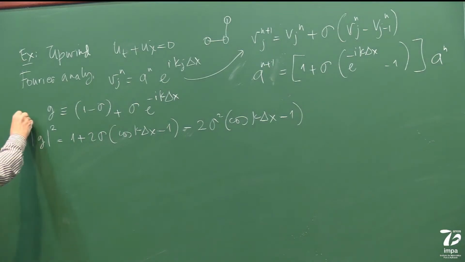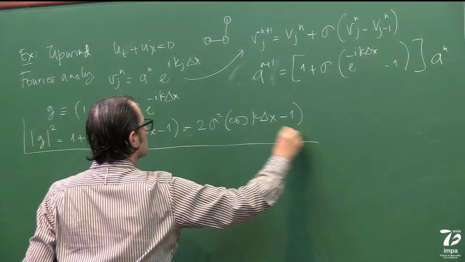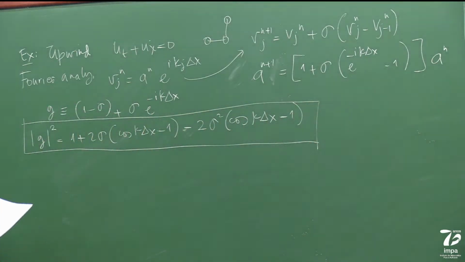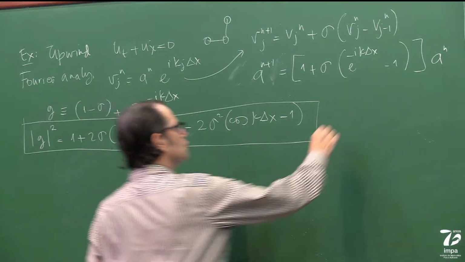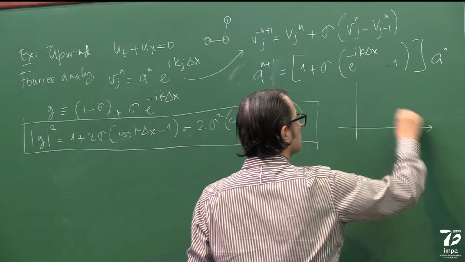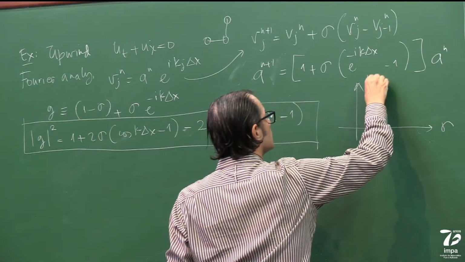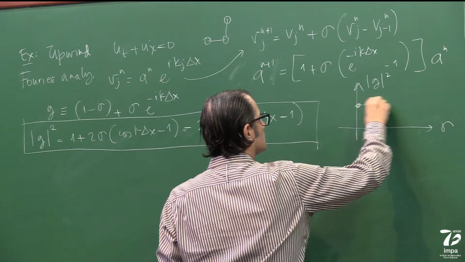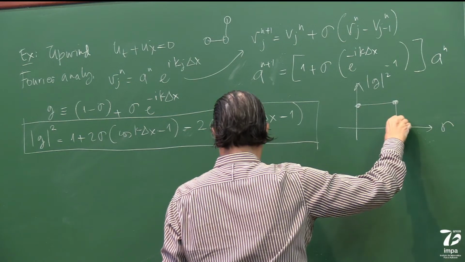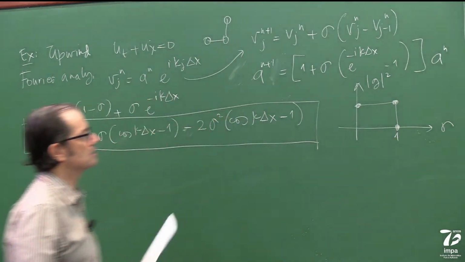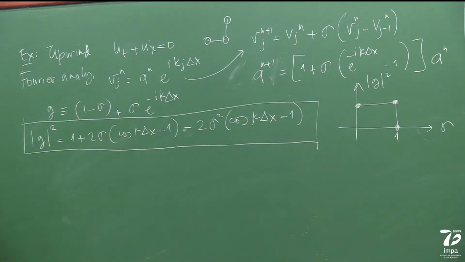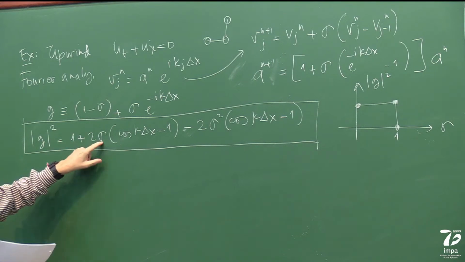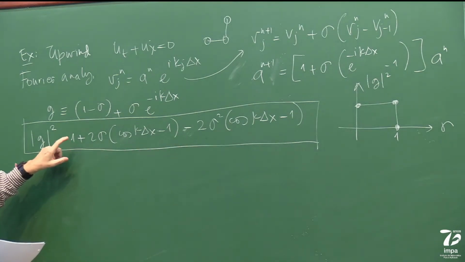Okay, so this is our amplification factor, and if you graph this in terms of sigma, and here the amplification factor squared, right? We can see that for sigma equal to 1, this is equal to 1, and for sigma equal to 0, it's also equal to 1.